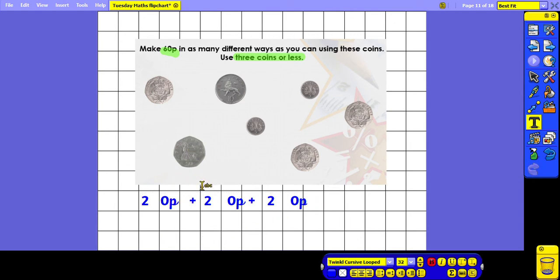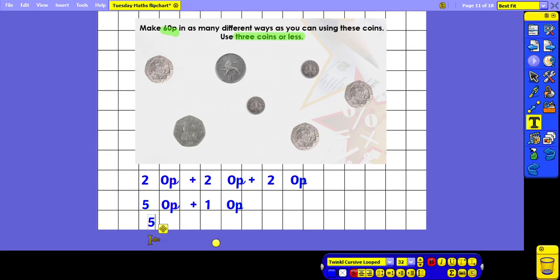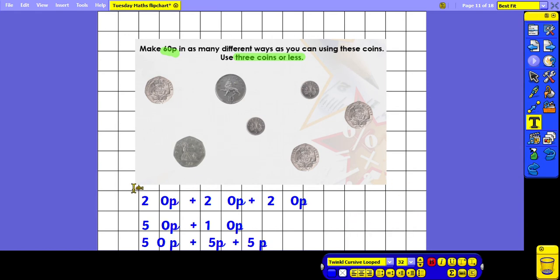We could have 50 pence, add 10 pence. And then we'll just do one more, although there are more answers. We could do 50 pence, add 5 pence, add 5 pence. Okay, and each one of these adds up to make 60 pence.